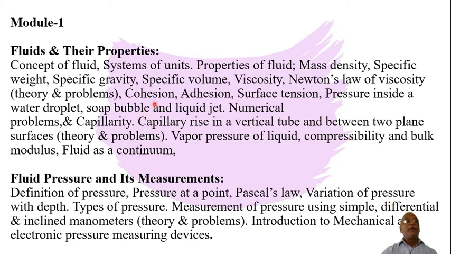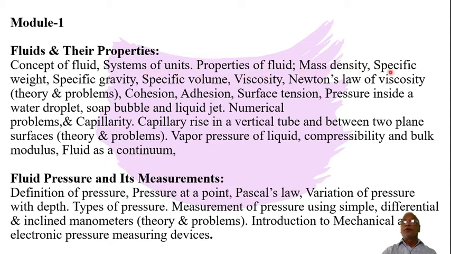Just to look back at what we have done in module 1, if you observe all our earlier discussions: what is meant by fluid, how it is different from solids, system of units.